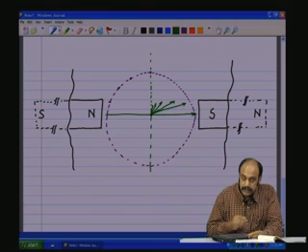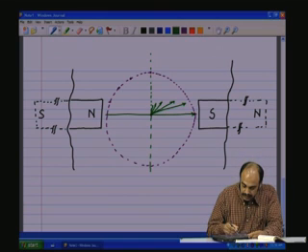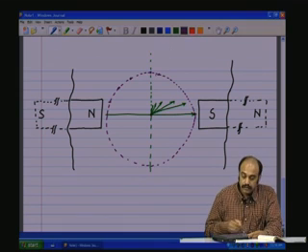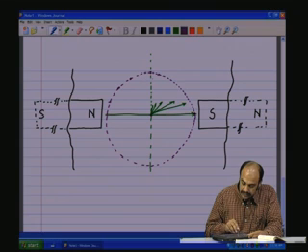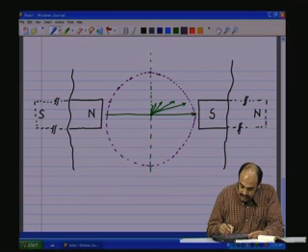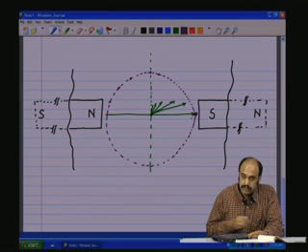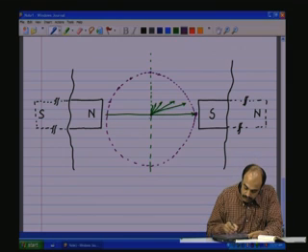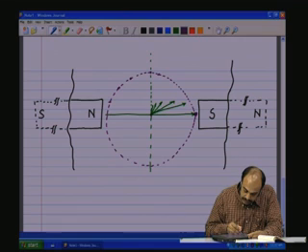And then further, if I consider a point on the circumference here, in that direction the field starts becoming negative, because with respect to that point, the field is going to the point, not away from the point, and therefore at this point the field direction is negative, and it is shown by this negative arrow.